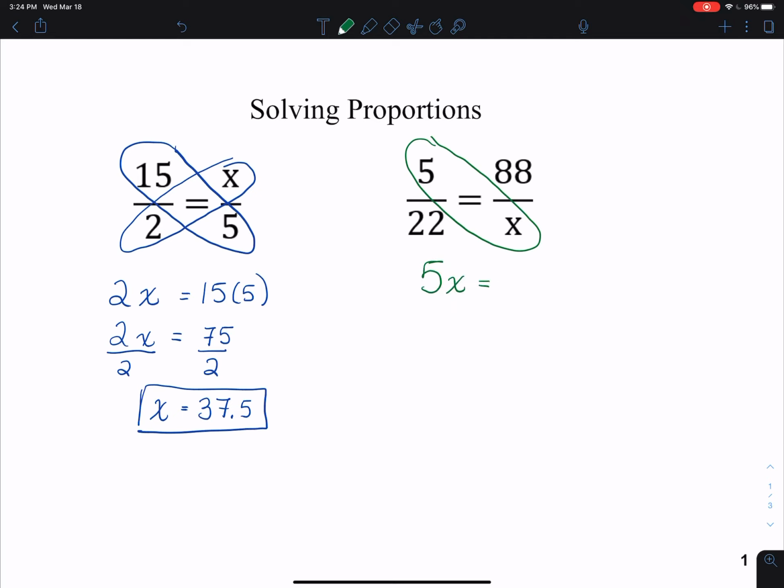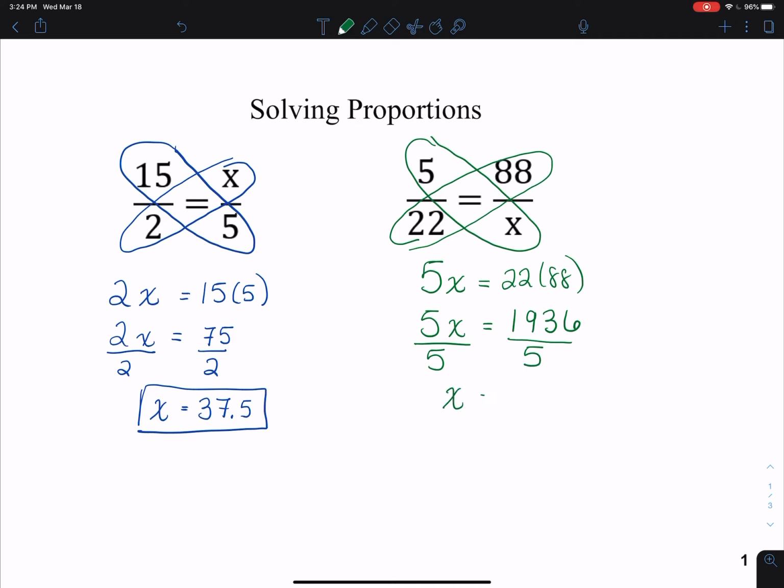I'm going to bring the equals down, and I'm going to multiply that other diagonal, 22 times 88. So when I actually do that multiplication, I end up with 1,936. Now I need to get that x by itself. I undo multiplication with division, and when I do that, I find that x equals 387.2.